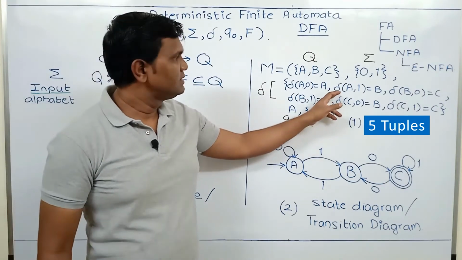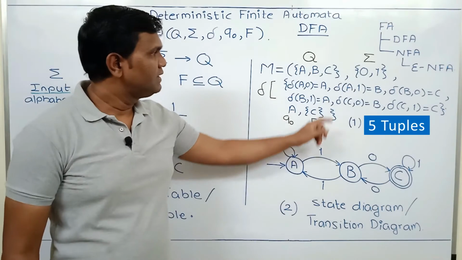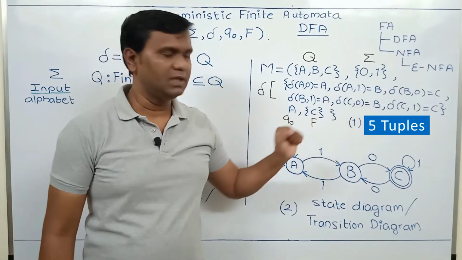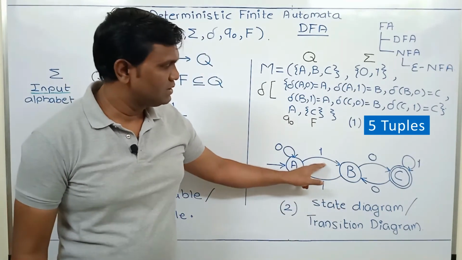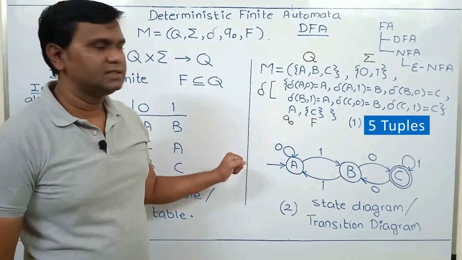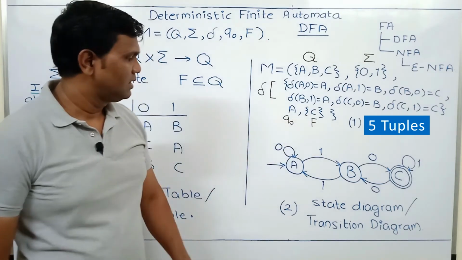So let's take one transition, delta(A, 1) equal to B. So if the DFA is in state A and input is 1, it will go to B. A is the initial state and the set of final states contains only C.